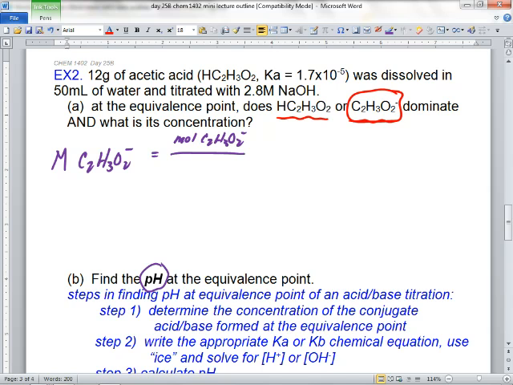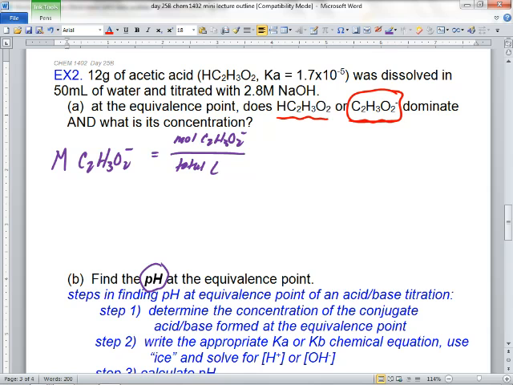And the more English you put in these questions, the much easier it is. Because otherwise you're wondering what to do next and why you did it. So big M of the acetate equals the moles of the acetate over the total liters. Just by writing acetate and total, it's really going to guide you. It really will. Trust me.